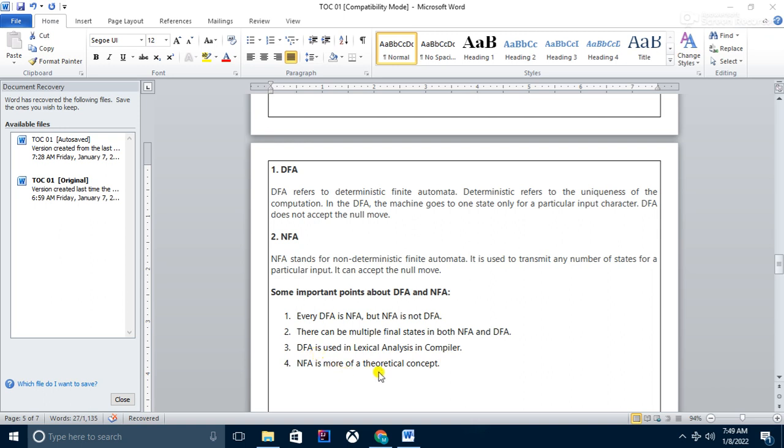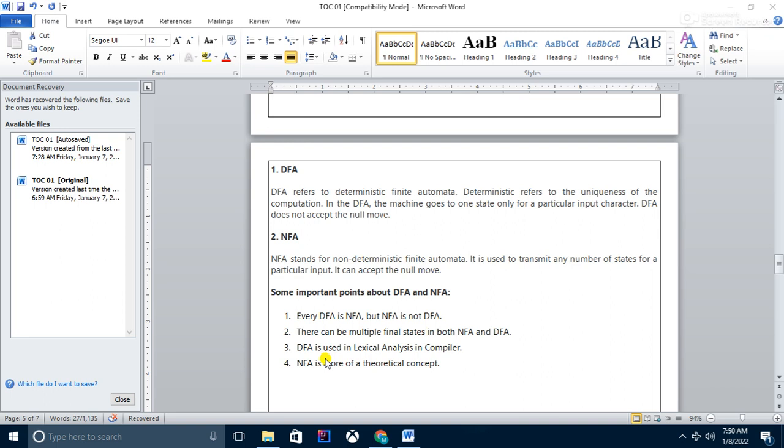DFA is used in the lexical analyzer phase of the compiler, where the high level language program is divided into different tokens, the basic units of the program, which are used for understanding the purpose of the program and what are the basic inputs and outputs present in the program.